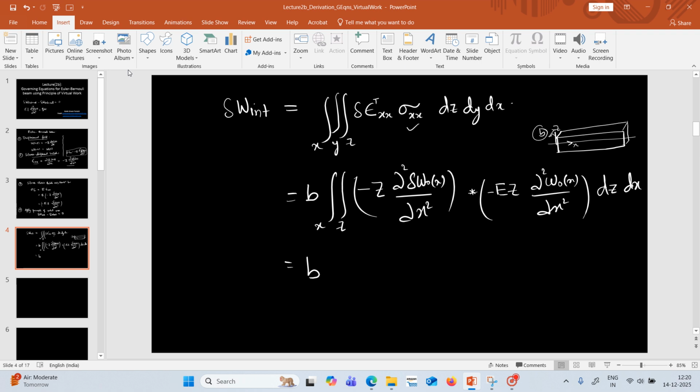We can take all the z functions in one integration. Here it is minus z and there it is also minus z.